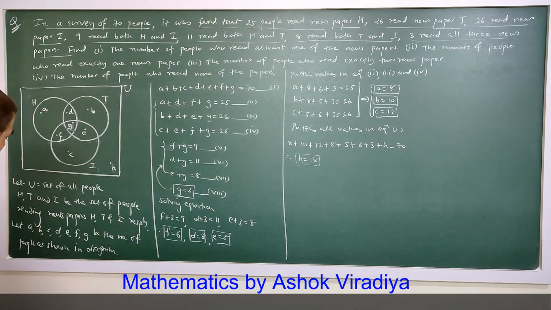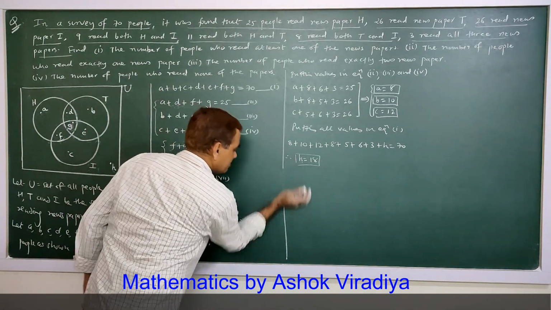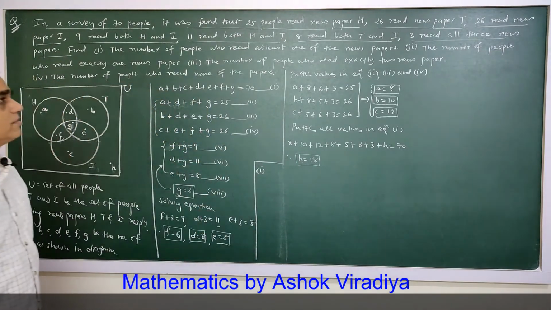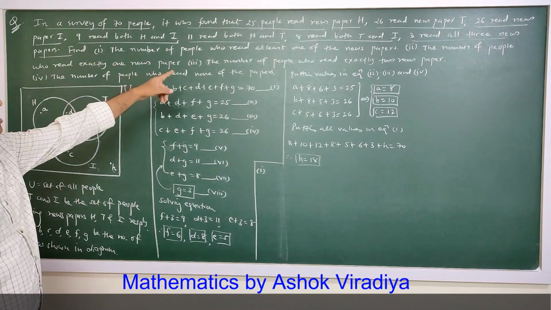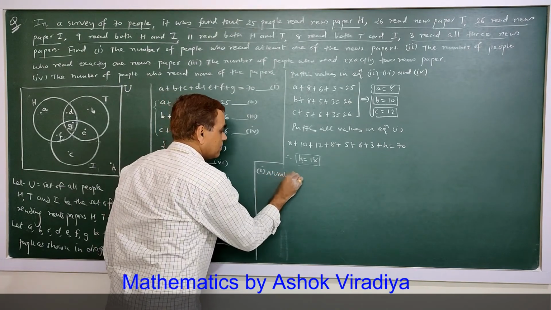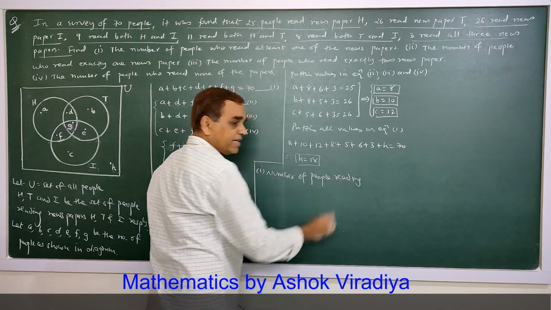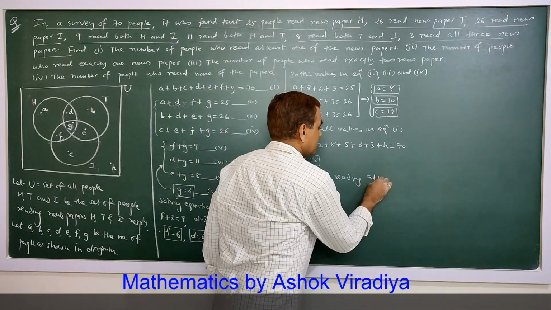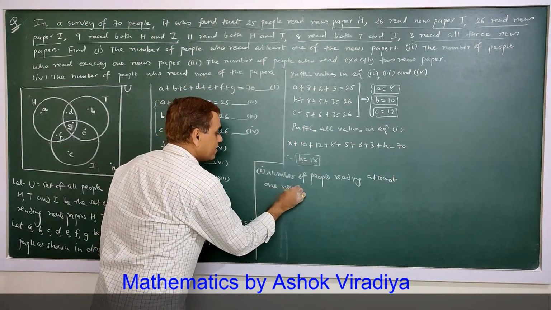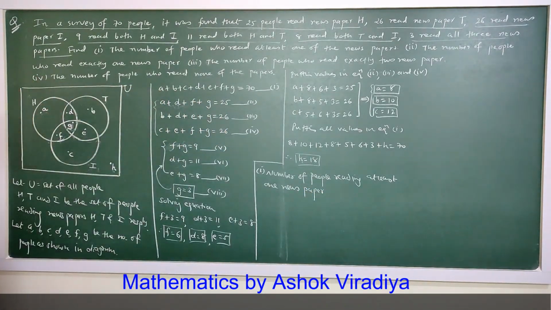Now after getting all the values A, B, C, D, E, F, G, we answer the questions. The first question is the number of people reading at least one newspaper.